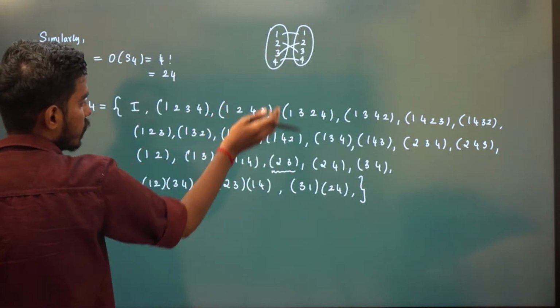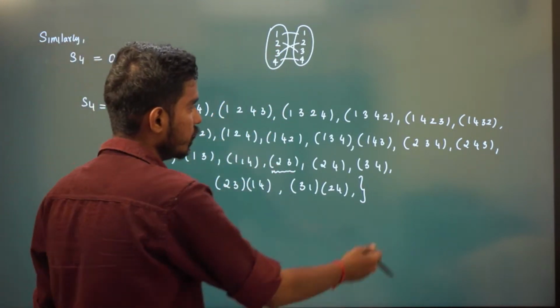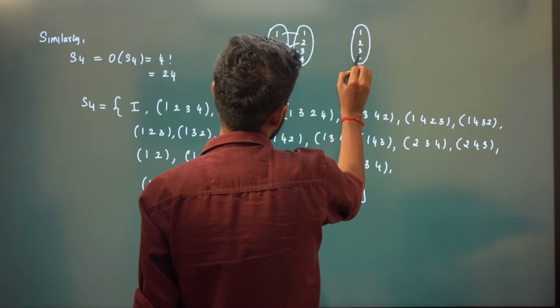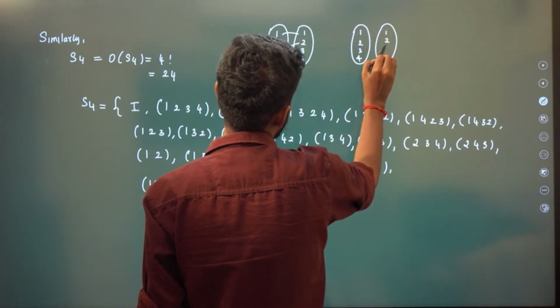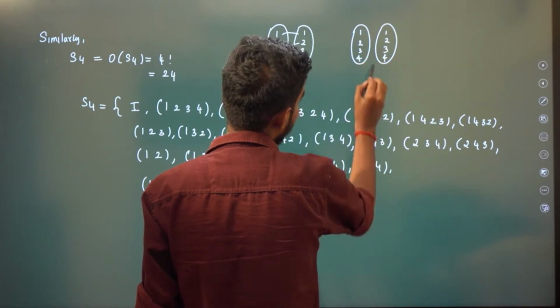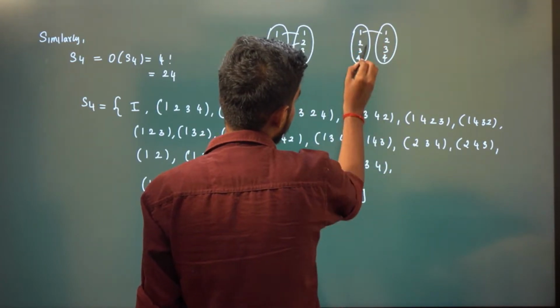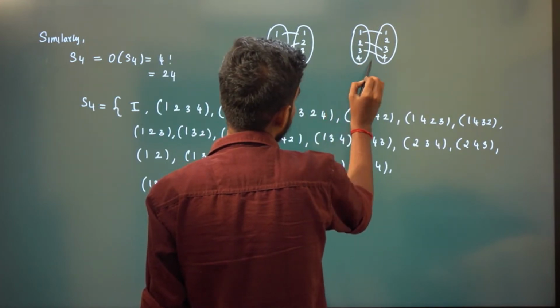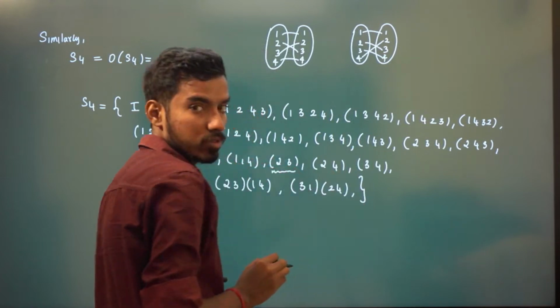This is the mapping for this. For example, if you take (2 3 4), 1 is missing, that means 1 is fixed. 2 goes to 3, 3 goes to 4, 4 goes to 2. Right?